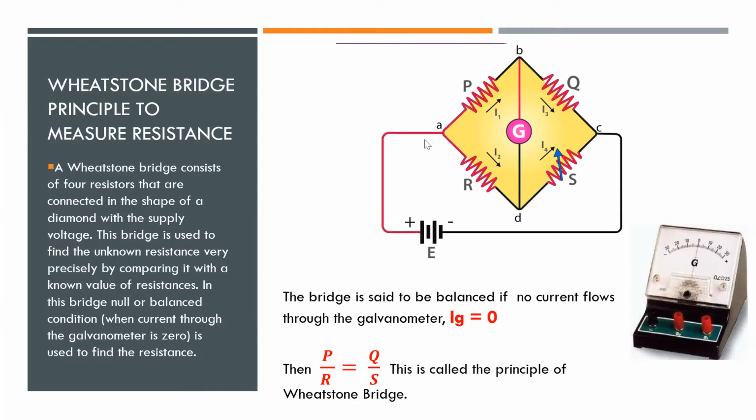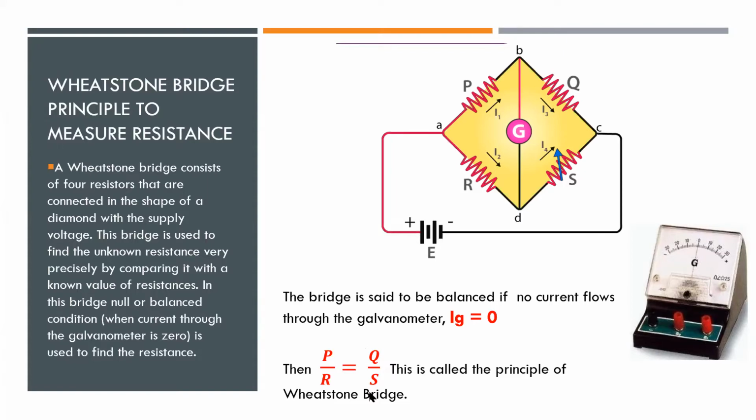P is the resistance for one arm, R the resistance for another arm, Q is the resistance for this arm, and S is the resistance for this arm. So when no galvanometer current is flowing, then P by R will be equal to Q by S. You will have to memorize this formula: P by R is equal to Q by S. Up by down is equal to up by down, whatever be the values of the resistances.